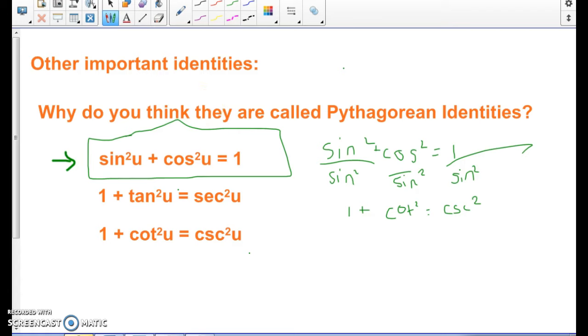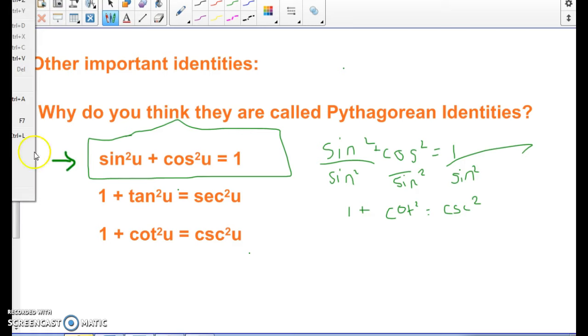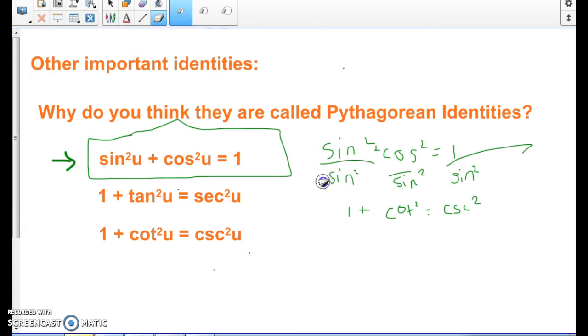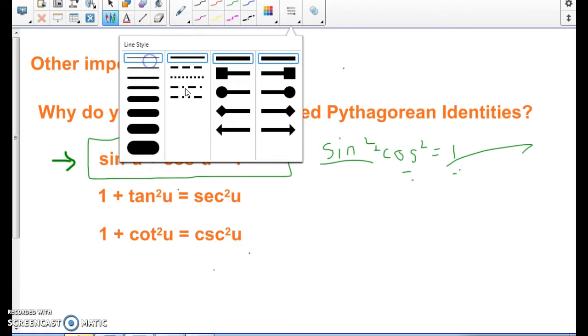Now I am going to duplicate this page and edit. Okay, so now I'm going to develop the other identity. Instead of dividing by sine squared, I will now divide by cosine squared.